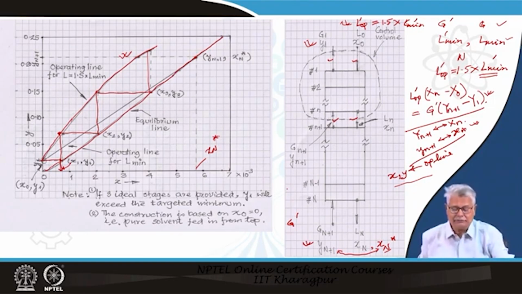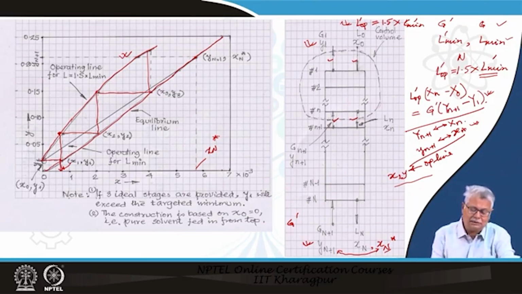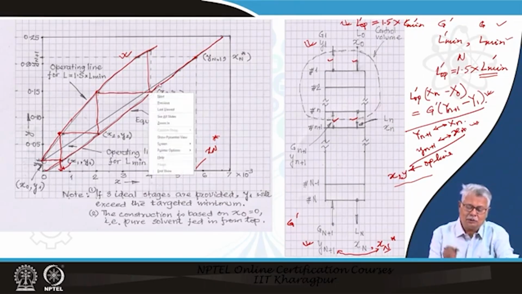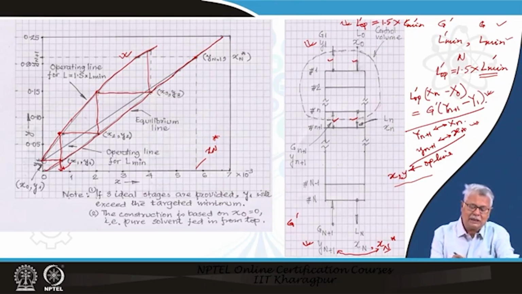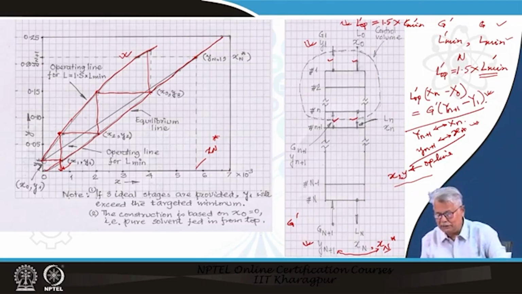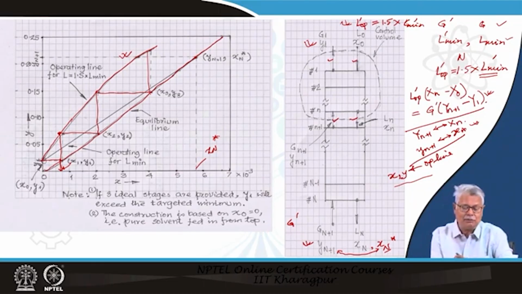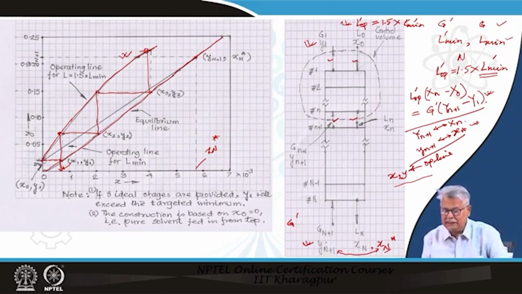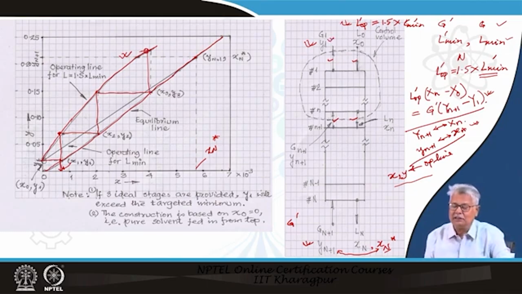With this in brief, we have found that after the third stage, we have basically exceeded yn plus 1. What is the physical significance? That means if I have, instead of yn plus 1, a higher value which corresponds to the ordinate of this, even then we will be reaching the value of y1 under this operating condition with L dash operating.